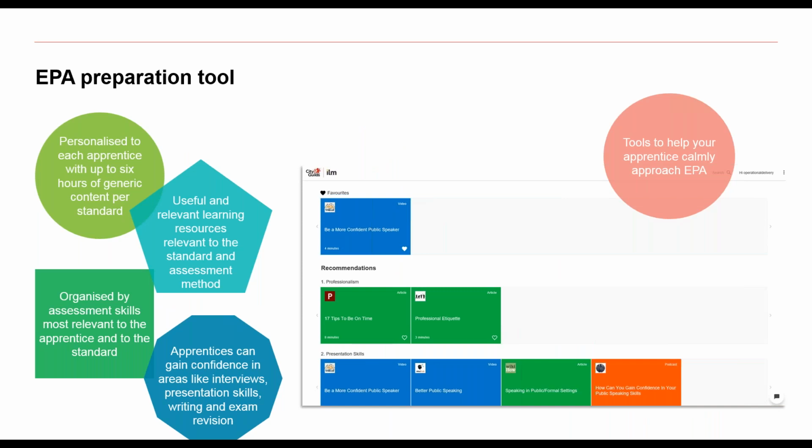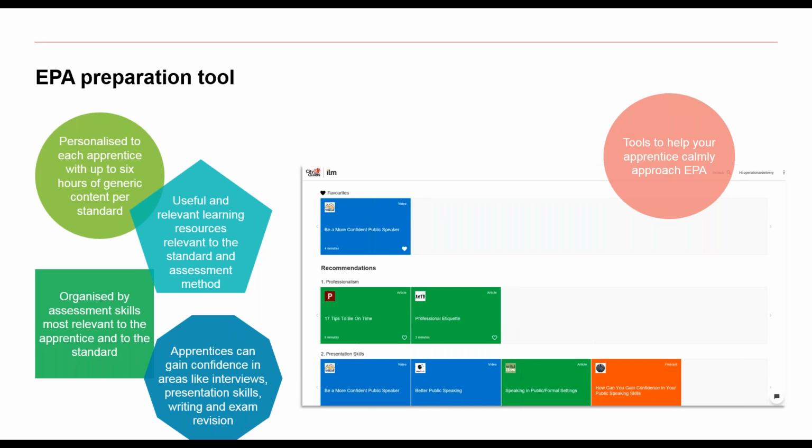As part of our apprenticeship offer, once an apprentice is registered with us for endpoint assessment, they would have access to an endpoint assessment preparation tool. This allows apprentices to prepare themselves at their own pace for the elements of endpoint assessment that they will need to undertake for their standard.